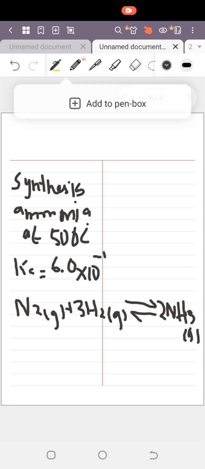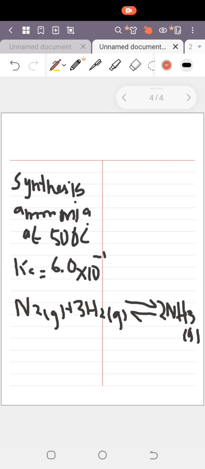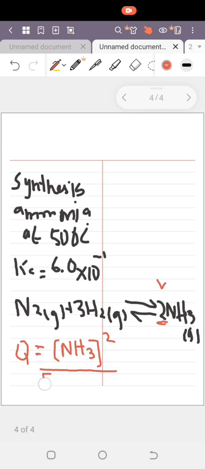Now let's solve this. For the solution, first you write Q, which determines the direction of reaction, and you remember Q is product upon reactant. So the product is NH3 with the coefficient as its power, 2. In the denominator we have the reactants N2 and H2, with their coefficients as powers.